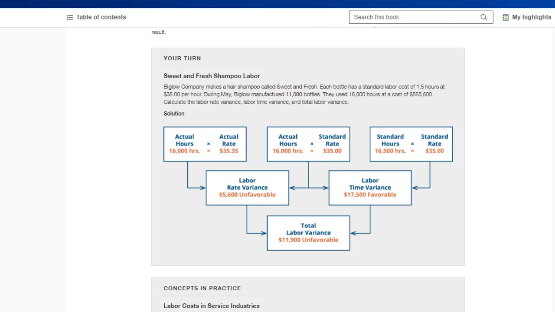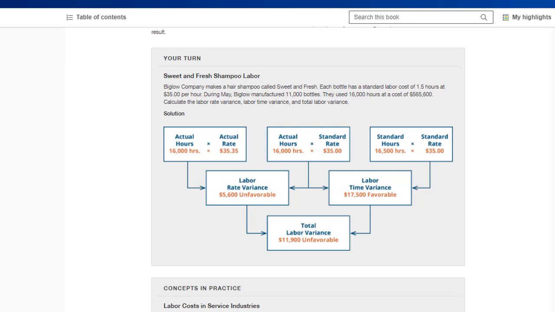Now, let's look at the middle row box on the right. That is saying, look, you originally expected to pay $35 an hour. The good news, though, is that you didn't use or pay for 16,500 hours. You actually used and paid for only 16,000 hours. That had a beneficial financial impact. Of how much?